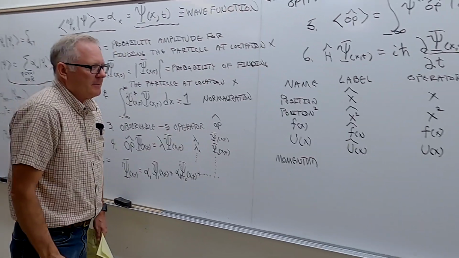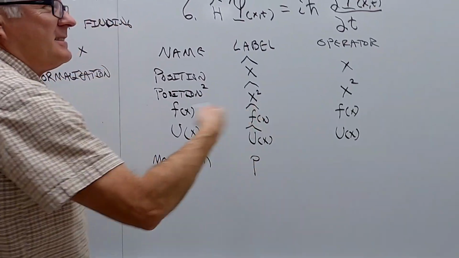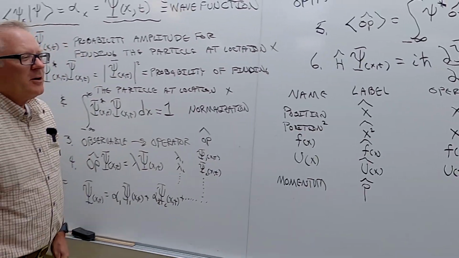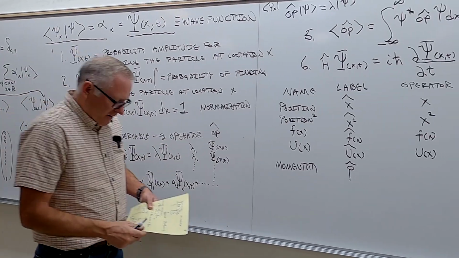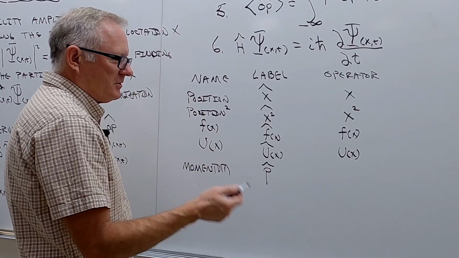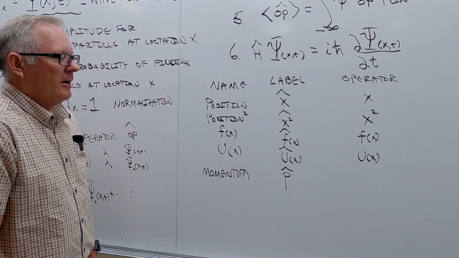Momentum right here. We can call it, say, p. In this case, it's all one dimension right here. But we don't put mv over there. For momentum, remember, momentum and position have a strange relationship in quantum mechanics.